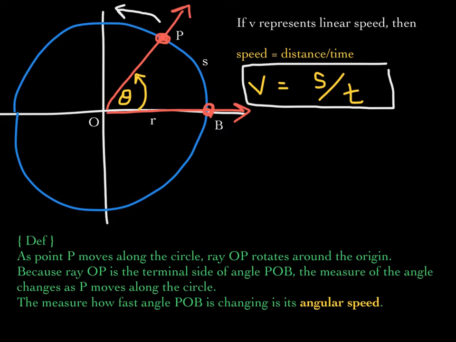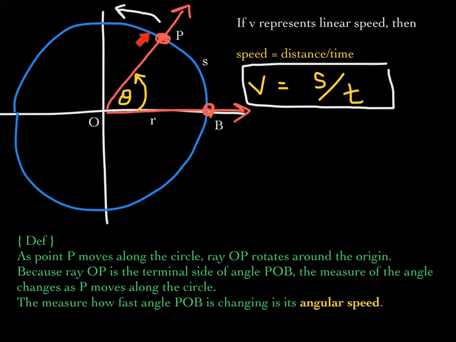Now we also have something called angular speed. Notice that as point P moves along the circle, this ray right here, OP, rotates around the origin. And because ray OP is the terminal side of this angle POB, the measure of the angle changes as point P moves along the circle.